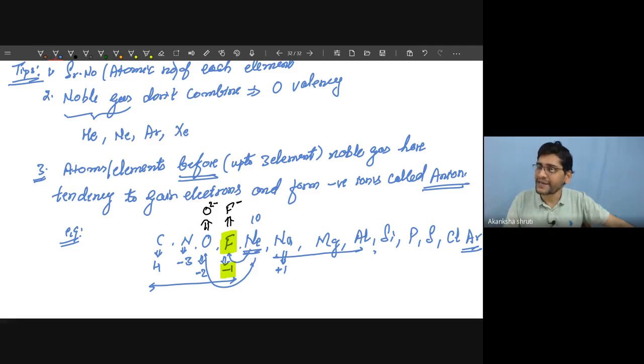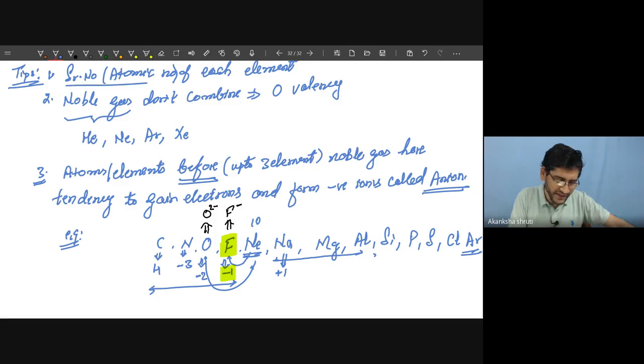Sodium is at the 11th serial number, so the serial number is first very important. Then magnesium will show +2. Then aluminium +3. But this is up to 3: if it is after the noble gas, it is taken positive. If it is before, it is taken negative. On reaching 4, no need to take any positive or negative.